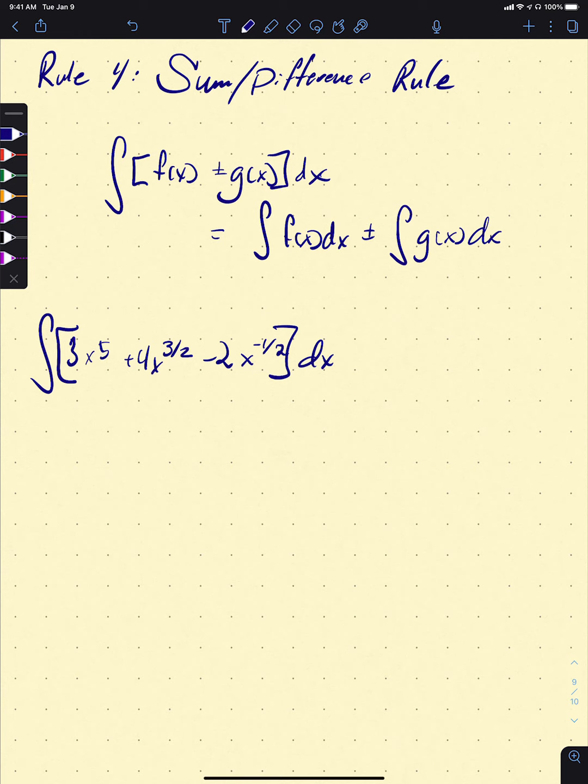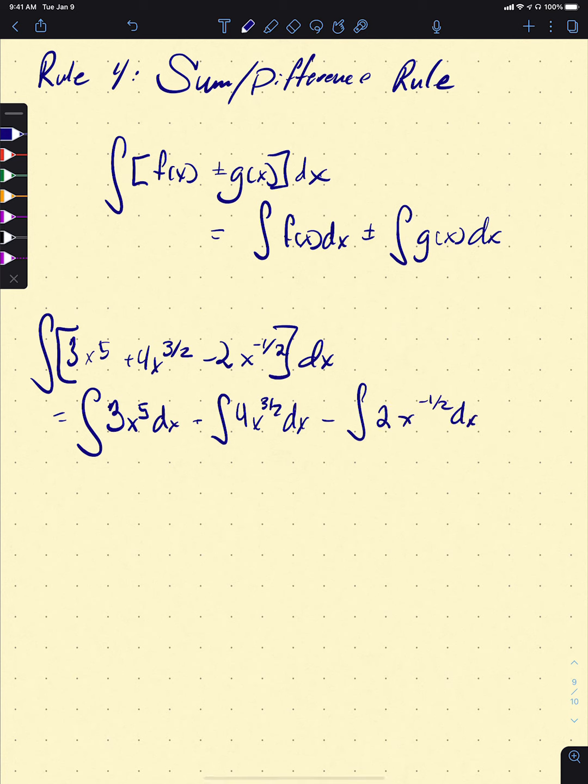And by extending with this exact idea, I can break this up, right? The integral of 3x to the fifth dx plus 4x to the 3 halves minus the antiderivative of 2x to the minus 1 half dx.